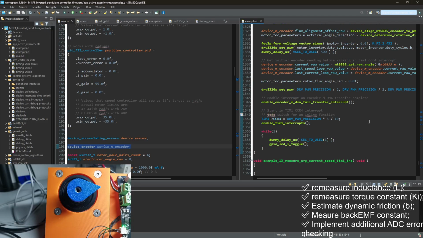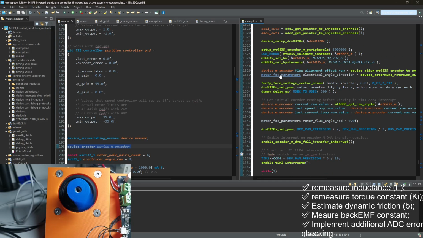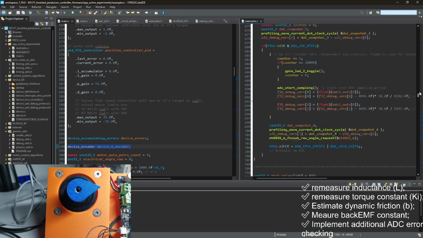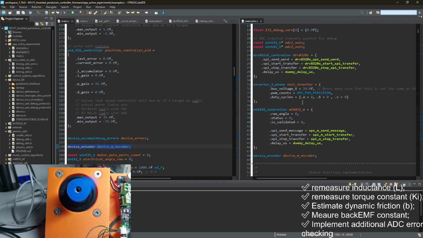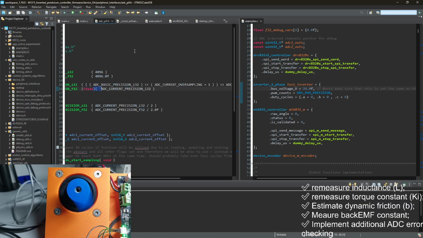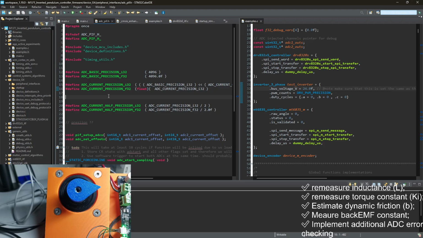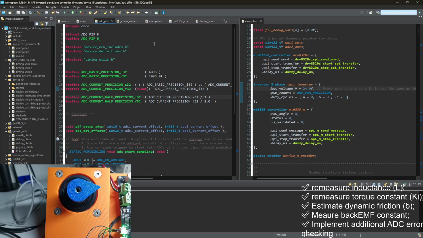Done. What else do we need? Motor FOC parameters. Sure. Let's define those as well. This looks correct. This needs an update from where exactly?